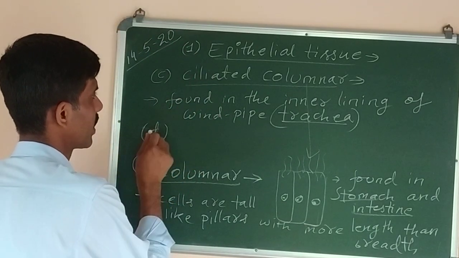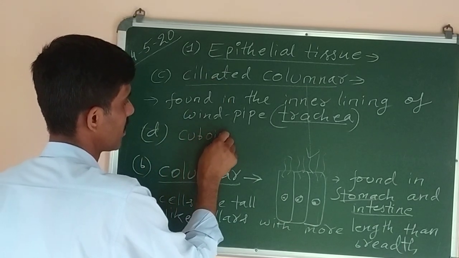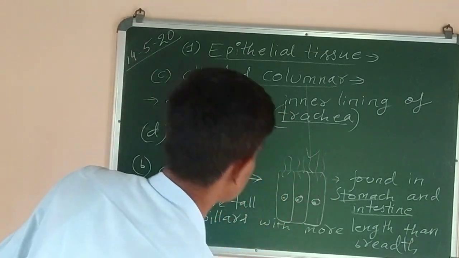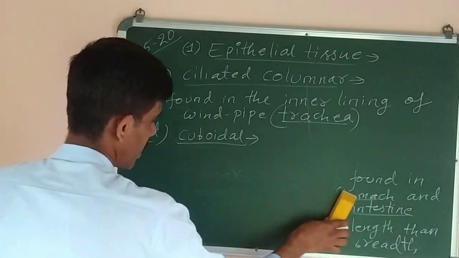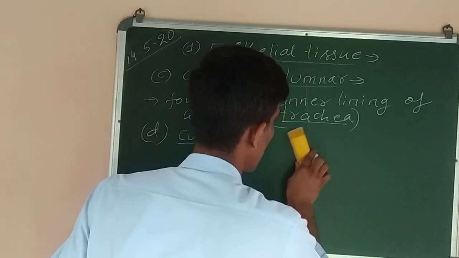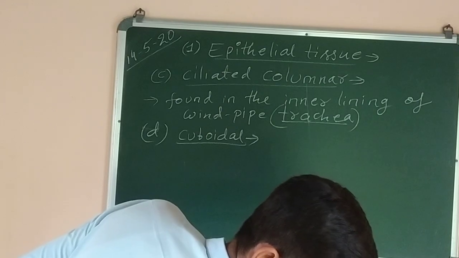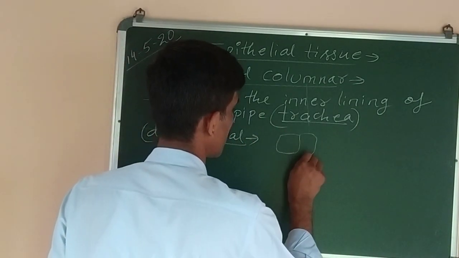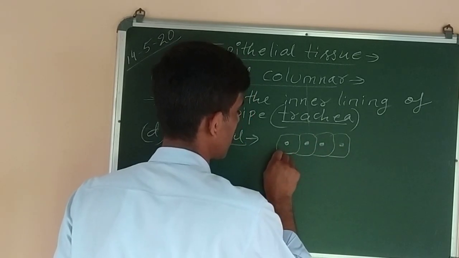Number D, the last one. Ciliated is also completed. Cuboidal epithelium. Cuboidal epithelial tissue. Okay. Now what is the shape of this type of epithelial tissue? It is cuboid, made up of cubes, and cubes, you know, they have equal length and breadth. Cube-like cells are there.